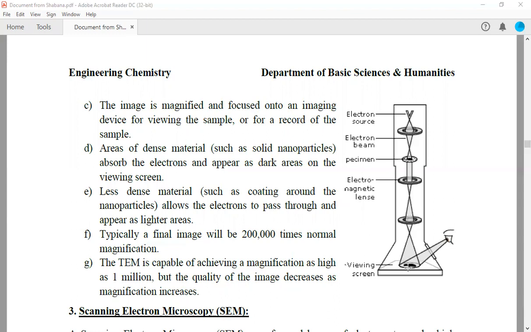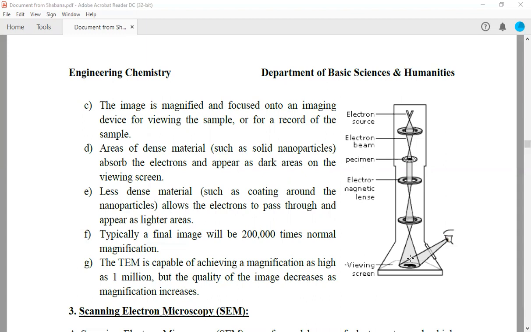Less dense material, which is not as solid as the former, such as the coating around the nanoparticle, allows the electrons to pass through and appears as a lighter area.